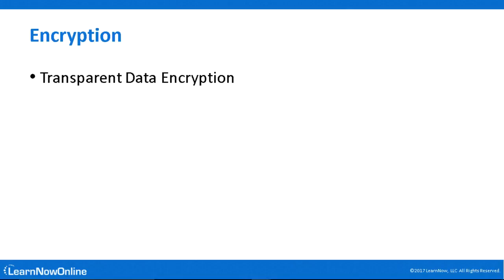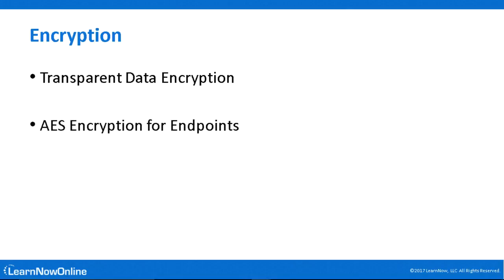So in previous versions, there's been a spike in CPU usage. Intel has used a hardware acceleration, and now this is supported in 2016. There's many people using transparent data encryption as well as SAN level encryption.